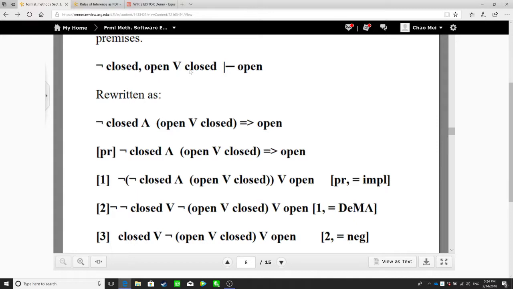Another premise is open or closed is true. So both of them are true, and we use the conjunction here: negation closed and open or closed. If this left side can imply that open is true, then we know that from the premises we can have this conclusion. So logically, is there any problem understanding this logic?